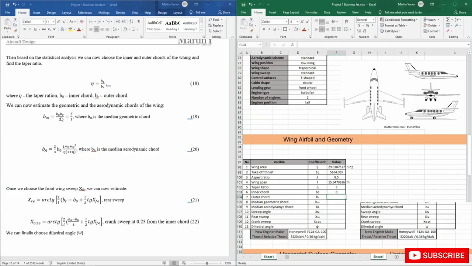And as you can see, it is equal to the inner chord multiplied by the outer chord divided by 2, and this is equal to S divided by L. So we know S and we know L, so we can actually estimate the median geometric chord, and this will be equal to S divided by L. So now we have our median chord.